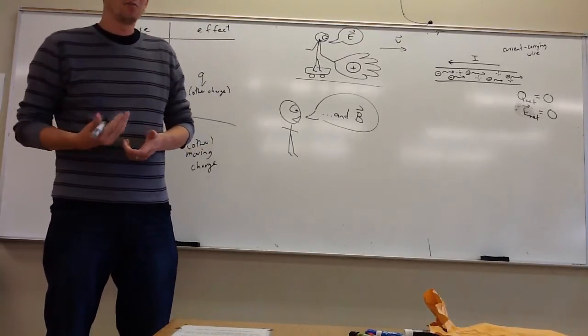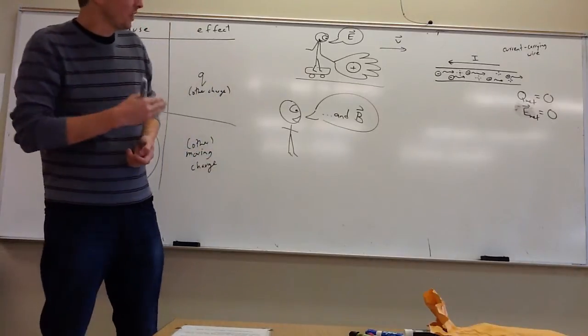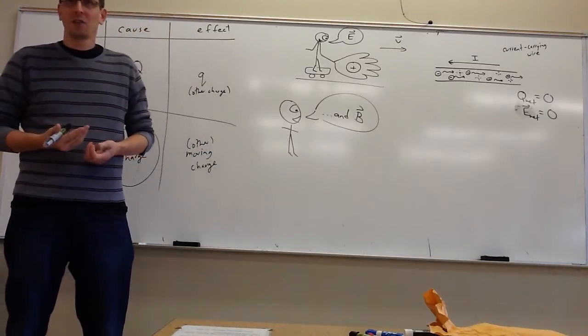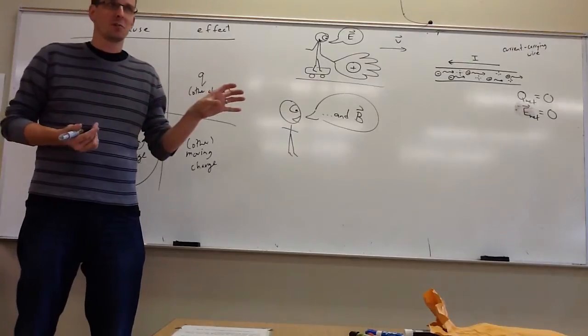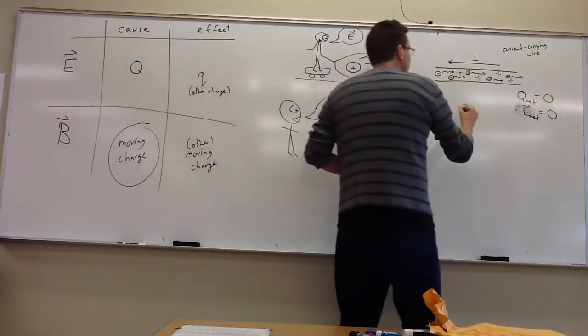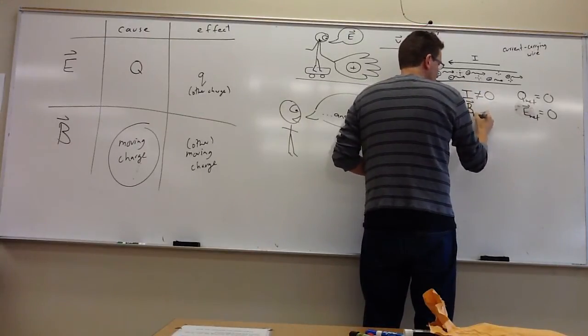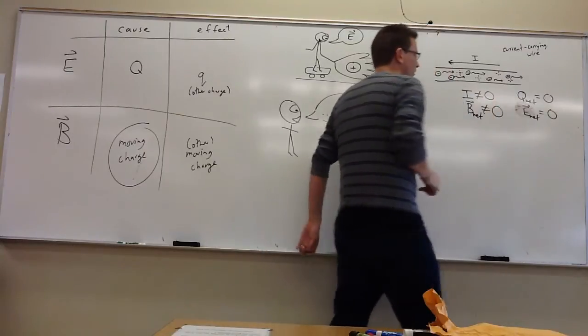So to us, they don't make a magnetic field, but the negatives are, and so we're going to see a magnetic field because half the charge is moving and half the charge is not. Okay? So here, because the current overall is not zero, there's a movement of charge, we are going to see a magnetic field.